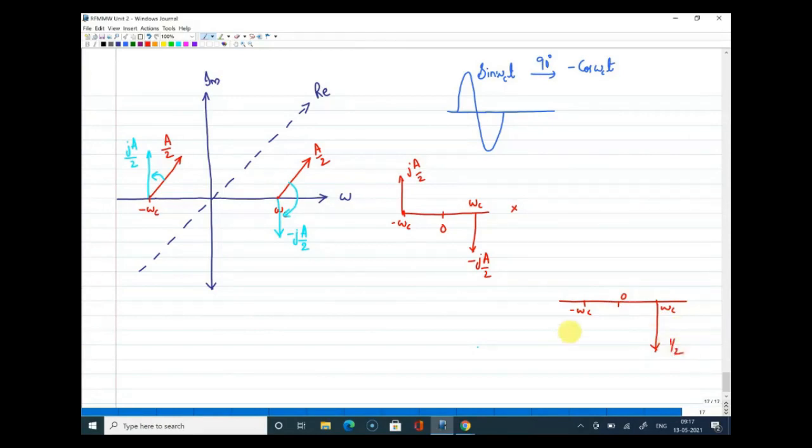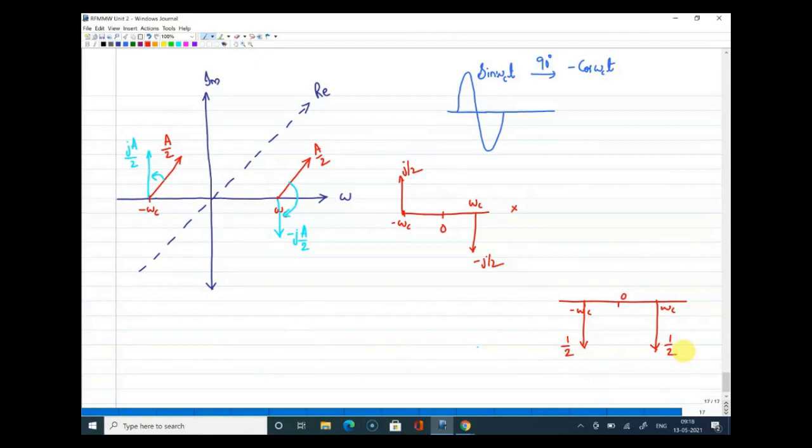This will be 1 by 2, and this will be a by 2, and this will be a by 2. All right, now let's assume that a is 1. So this amplitude is, say, j by 2, and this is minus j by 2, and this is 1 by 2, and this is 1 by 2.